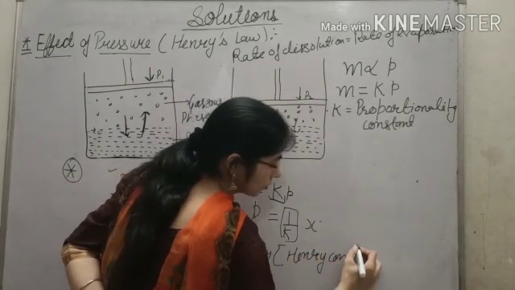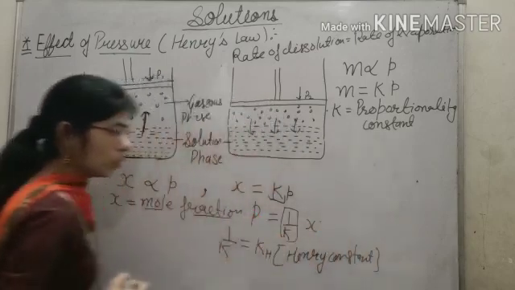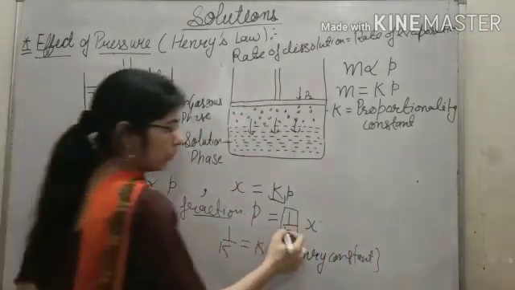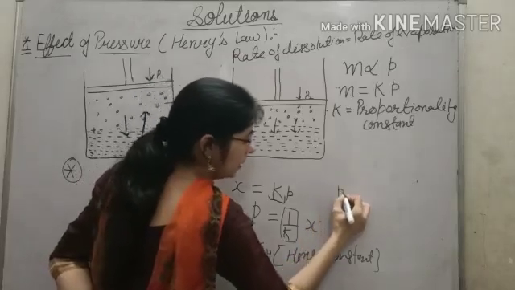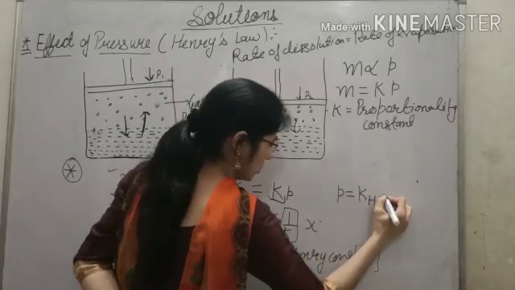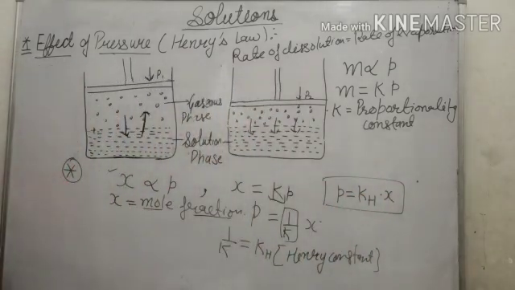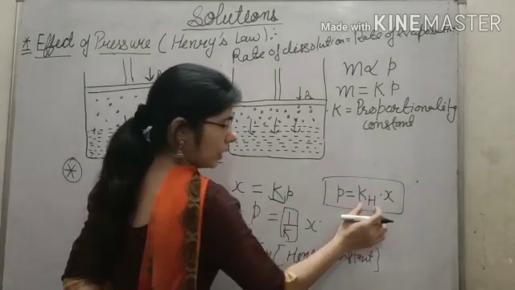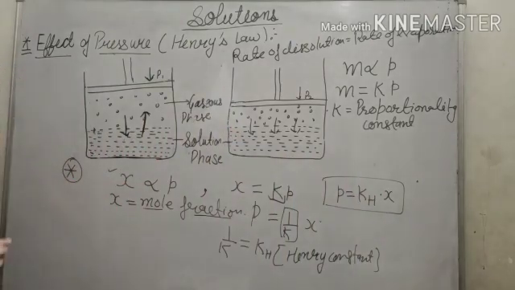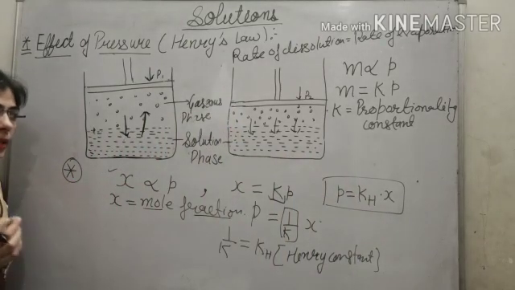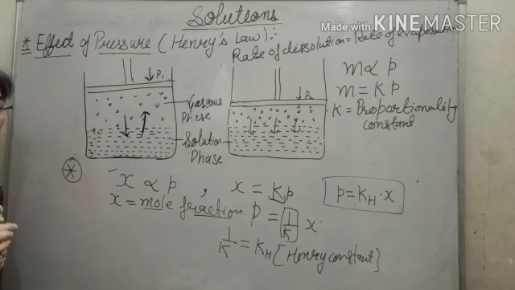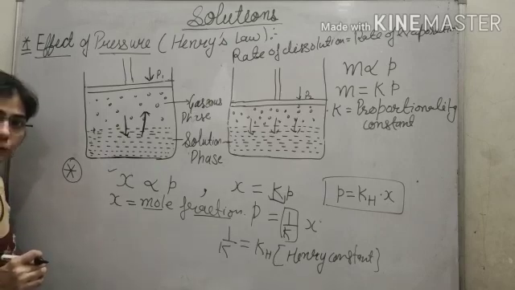Now put the value of 1 by K: P is equal to KH into X. Now this is the mathematical formulation of Henry's law. And KH is the Henry constant, and its value depends on the nature of the gas. Okay, I hope it is clear to all of you.